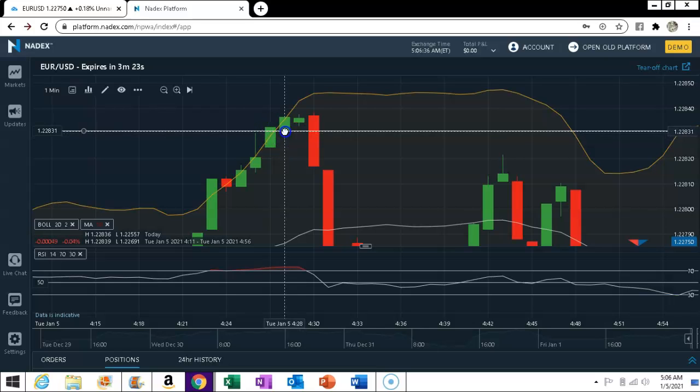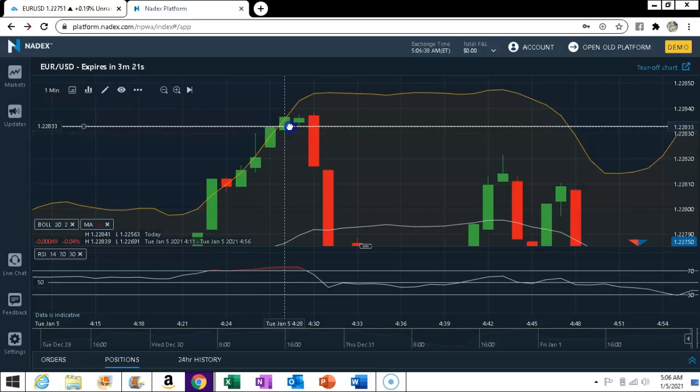So you take that. There's no more wick, okay? So now this candle closed above this support and resistance line. There's no more wick. This next candle was a buy, but it exhausted itself. Right here was when I took this trade, coming all the way down. And that was a profit.